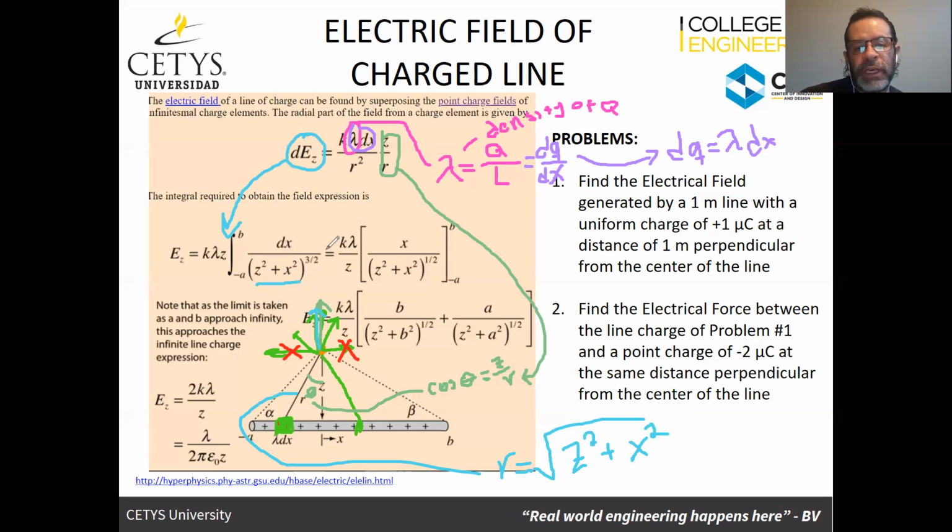Once we solve the integral, and I'm going to talk a little bit about a bonus that I'm going to ask you guys to do, we get this expression here. I'm going to erase this part here.